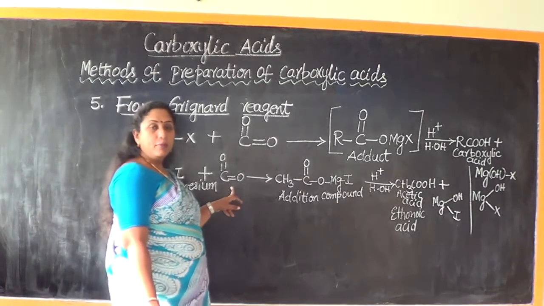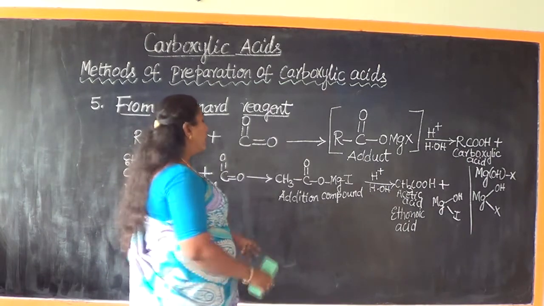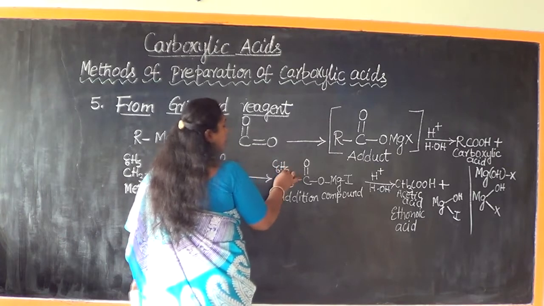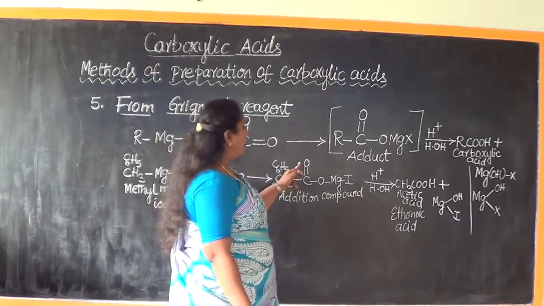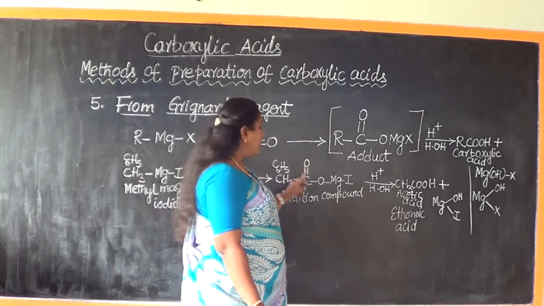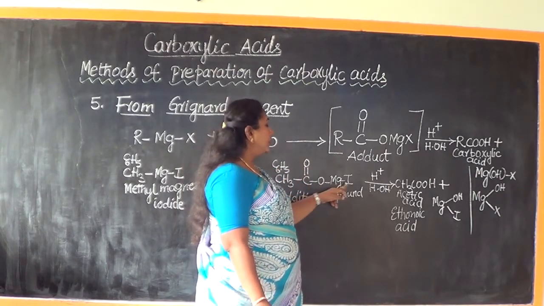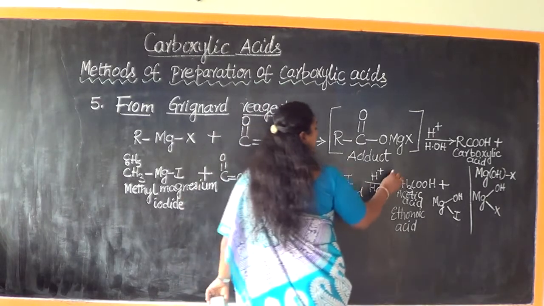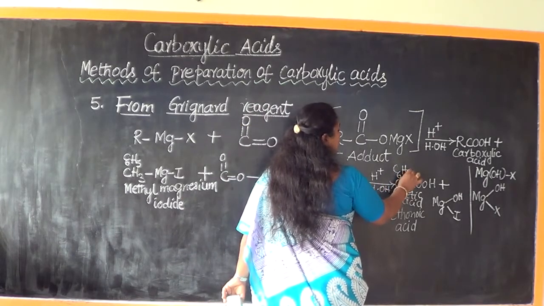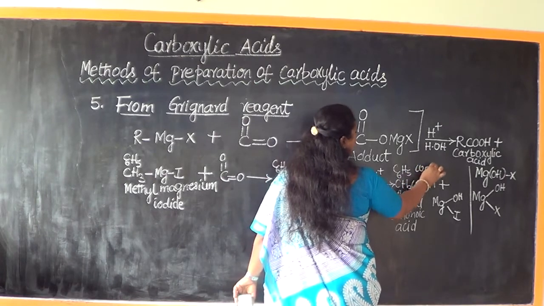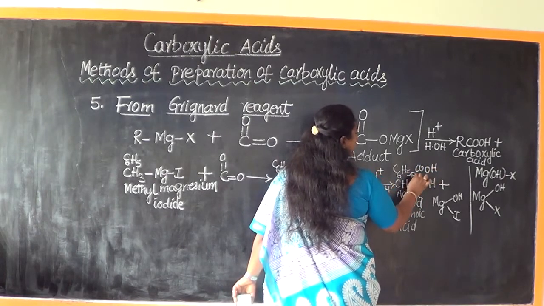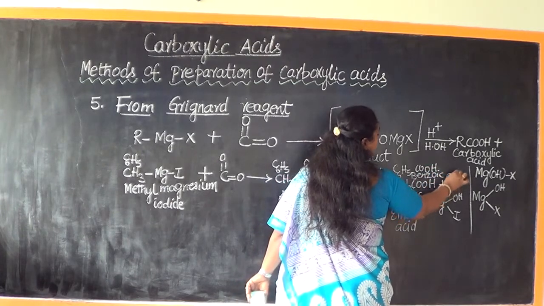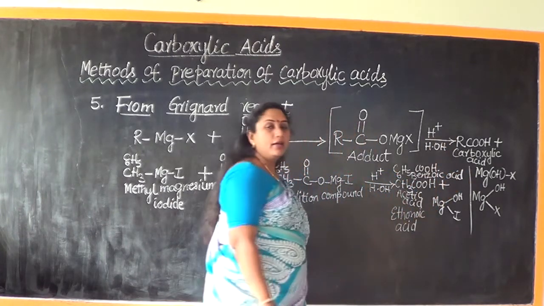When treated with carbon dioxide, instead of CH3 here, we will see C6H5, CO with a double bond, CO with a single bond to MgI. Upon hydrolysis, what are we going to obtain? C6H5COOH. The name of the compound would be benzoic acid or benzene carboxylic acid.